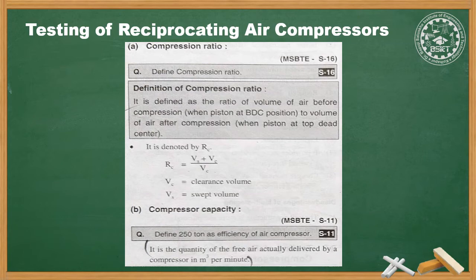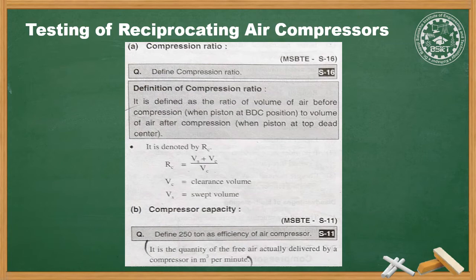Compression ratio is defined as the ratio of volume of air before compression, that is when the piston is at BDC position, that is bottom dead center, to the volume of air after compression, that is when the piston is at top dead center.